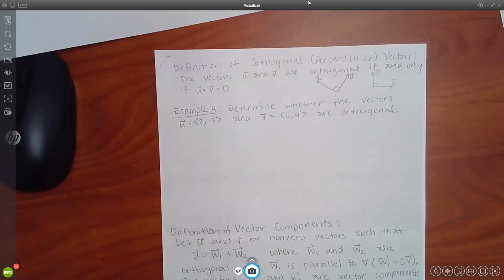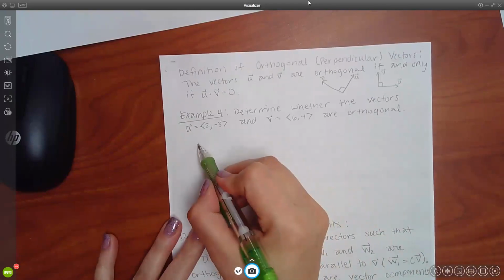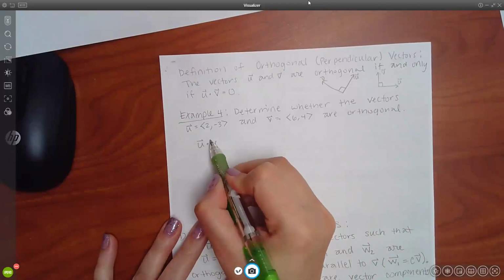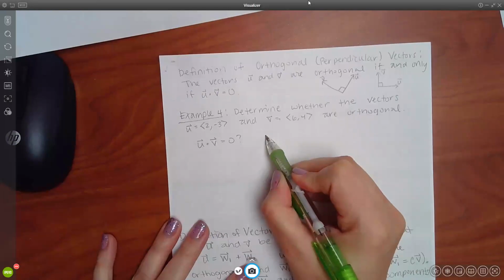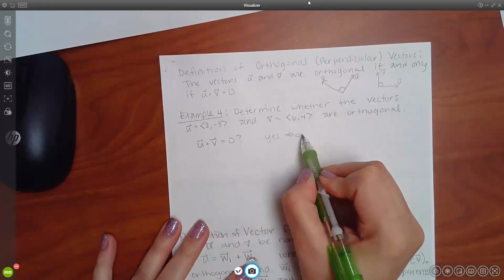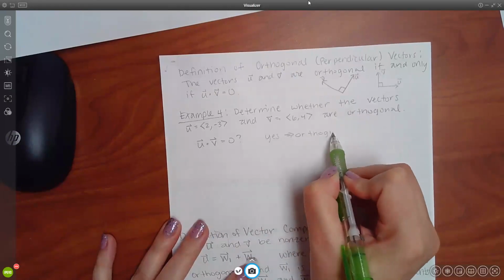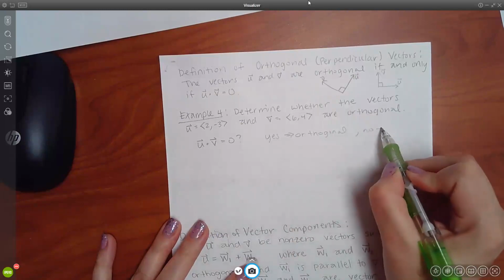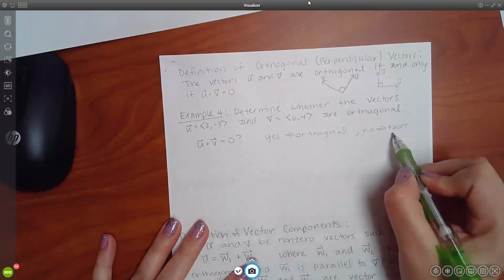So they're essentially asking you, tell me whether or not these 2 guys have a 90-degree angle between them, okay? And so I can figure that out just by doing the dot product. So the question is U dot V equal to 0? If the answer is yes, then that means they're orthogonal. If the answer is no, then they are not orthogonal.